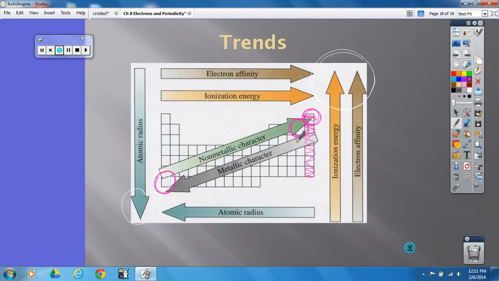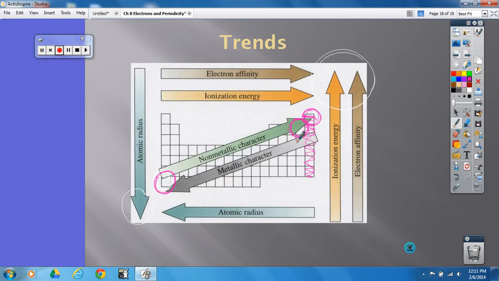If you had to pick the epitome of an element to represent the non-metals, it would be fluorine. Loves to gain electrons, right? Isn't shiny. Everything you could go through in terms of your non-metallic characteristics. High ionization energy, high electronegativity, that kind of stuff.